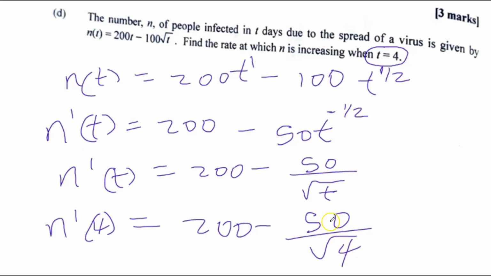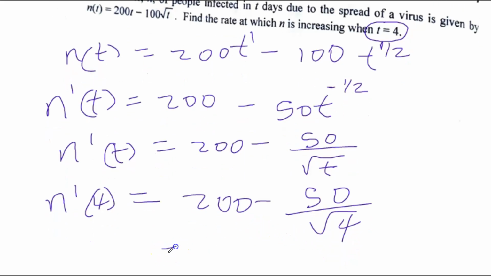And we know root 4 is 2. So it's 50 divided by 2, that's 25. So it's 200 minus 25, which is 175.